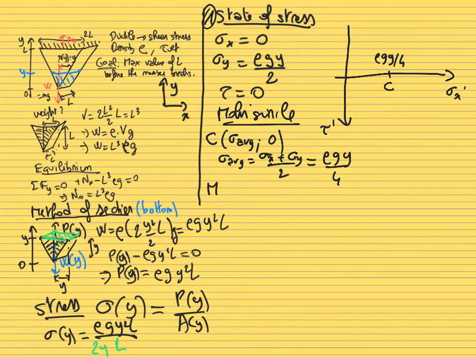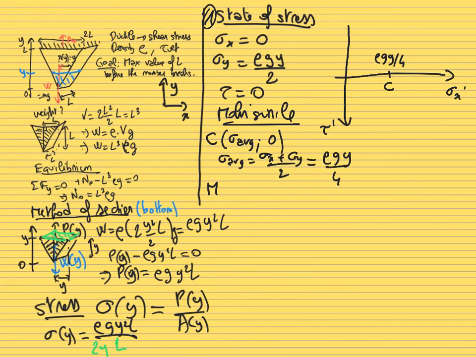Then we need to place one point of this Mohr circle. We know that the Mohr circle gives you all the possible values of the normal stress and the shear stress for all the possible directions. So necessarily, the state of stress in the original set of axes x and y has to be one of the points of the Mohr circle.